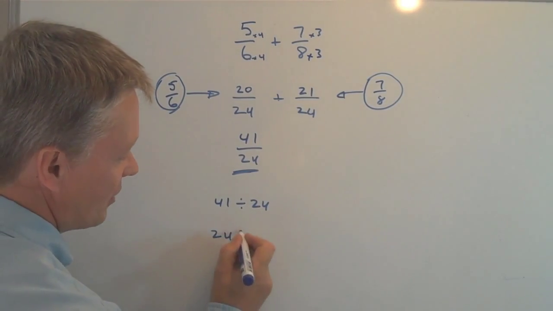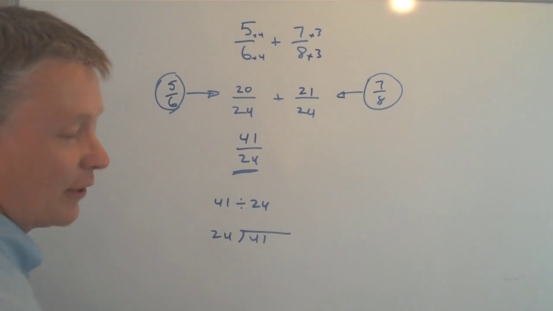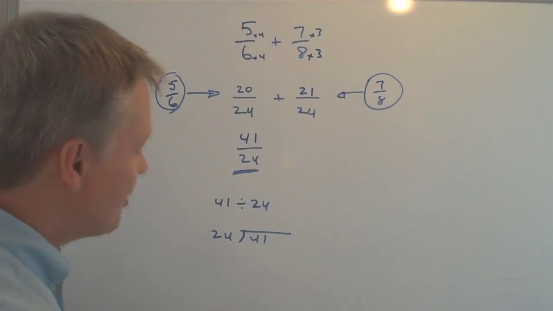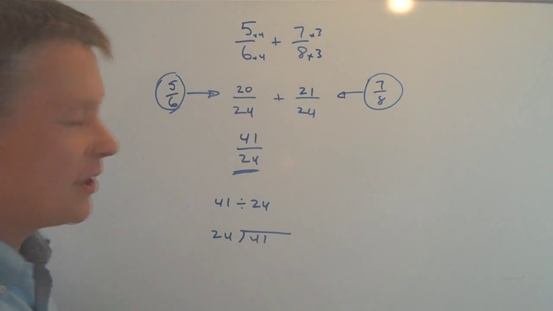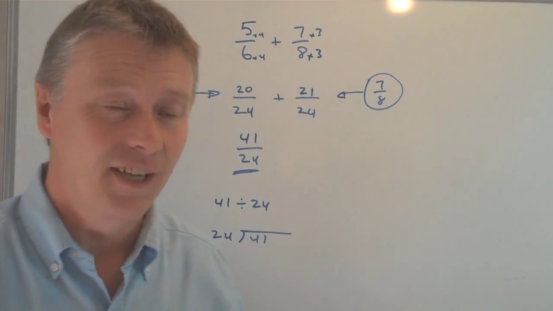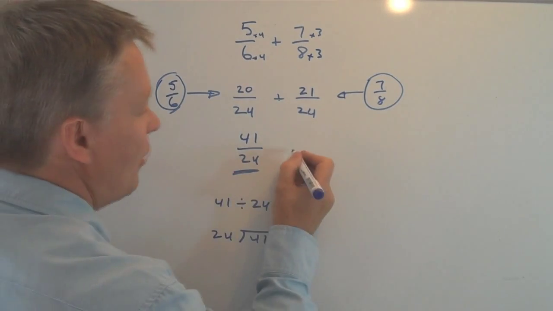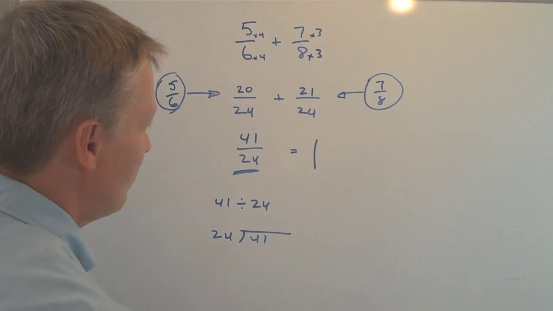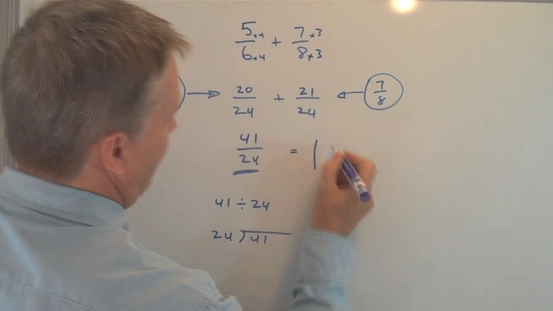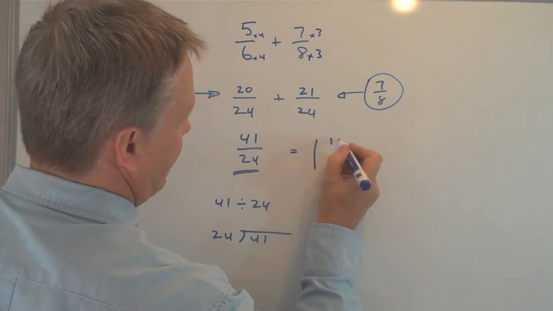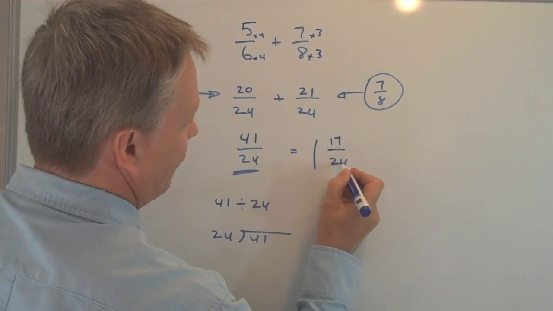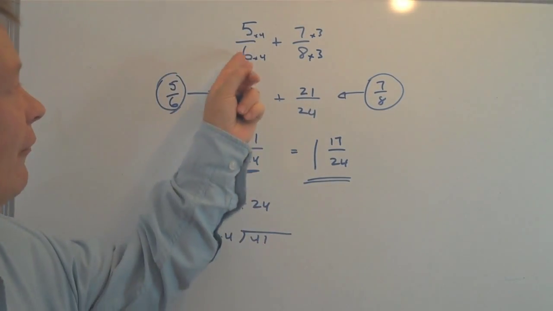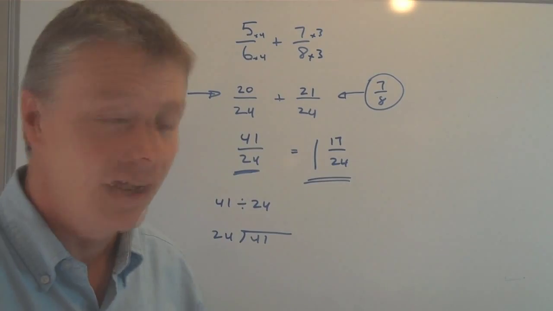Now, I could do that calculation if I want to, but I do know that 2 lots of 24 is 48. So there's only going to be 1 lot of 24, and then the bit that's going to be left is going to be 17/24.